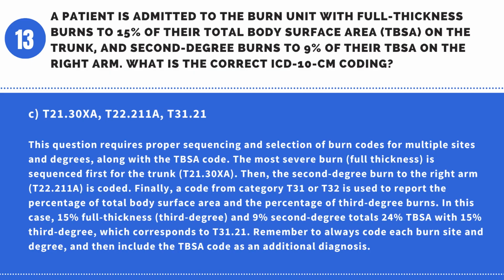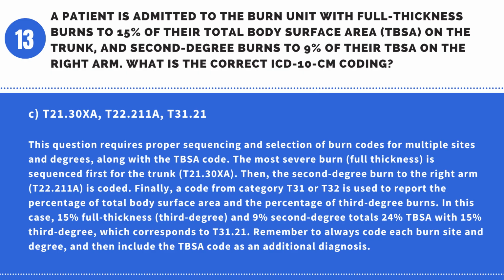Answer C. T21.30XA, T22.211A, T31.21. This question requires proper sequencing and selection of burn codes for multiple sites and degrees, along with the TBSA code. The most severe burn, full thickness, is sequenced first for the trunk, T21.30XA. Then, the second-degree burn to the right arm, T22.211A, is coded.